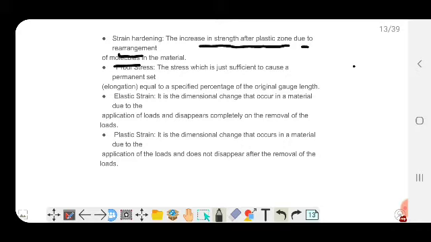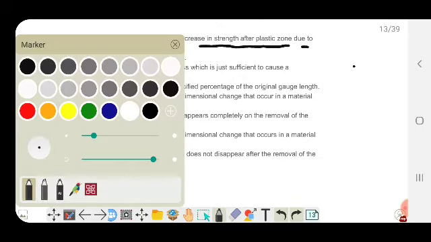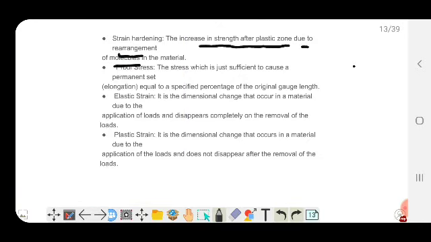After that, it will store some energy, which is the modulus of resilience. So it has increased in strength as well. That is strain hardening.